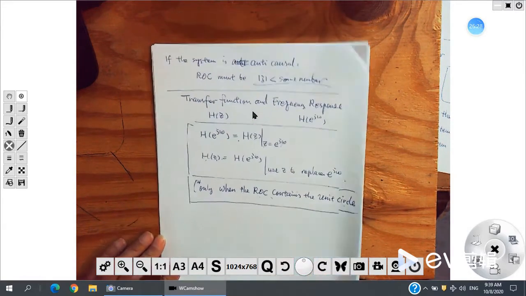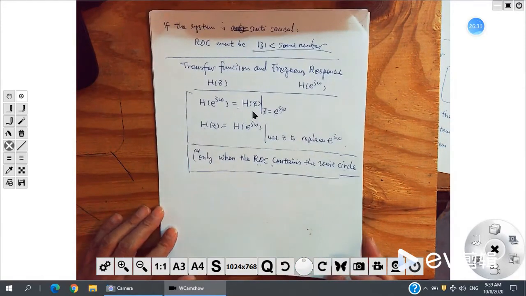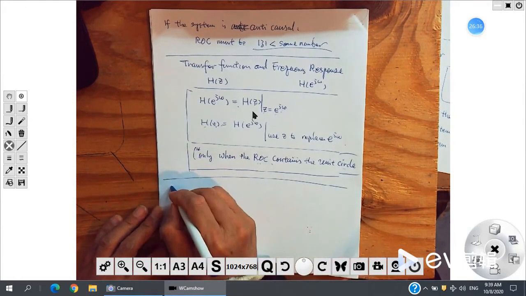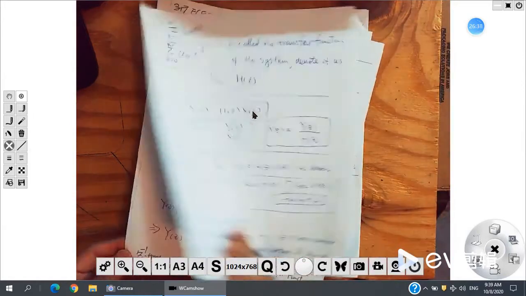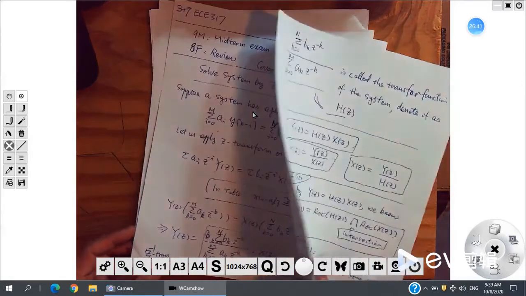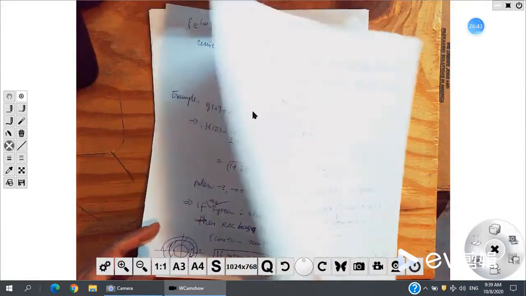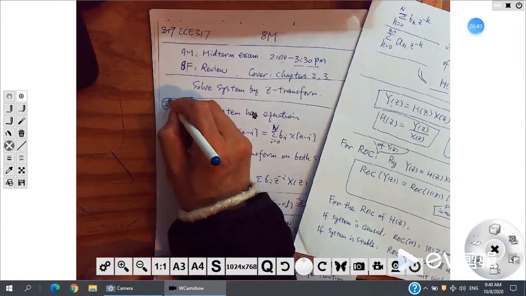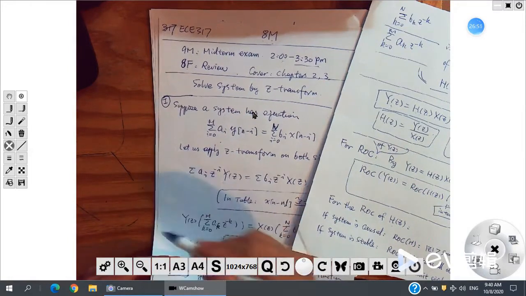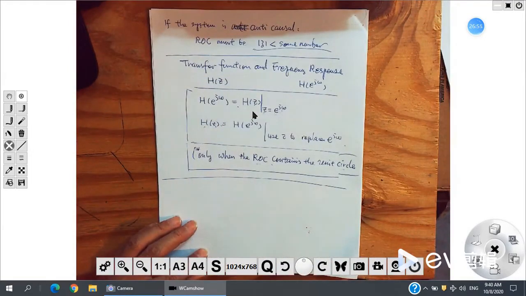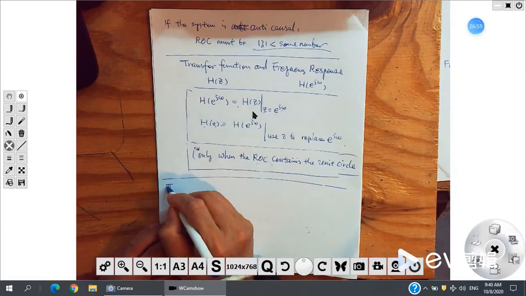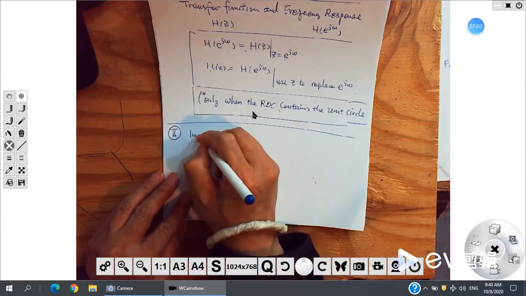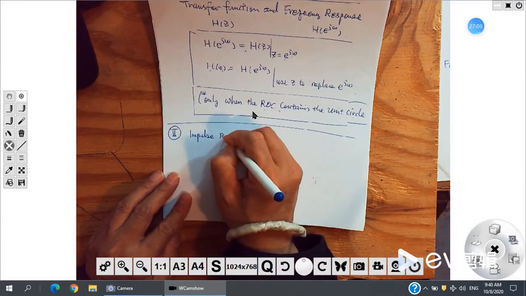And the second thing: to solve the system, we need an impulse response, right? Impulse response. This is 1, where we considered the transfer function. Now it's 2, impulse response.